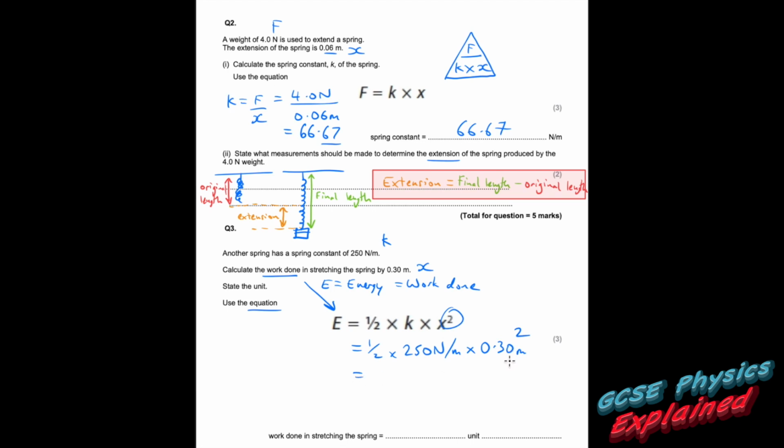So popping that into your calculator would be 0.3 squared, and then just times it by 250, and then times it by 0.5. And that comes out as 11.25. Now they want to know the units as well. Well, if work done equals energy, all energy is measured in joules. So make sure you know that for an easy mark.